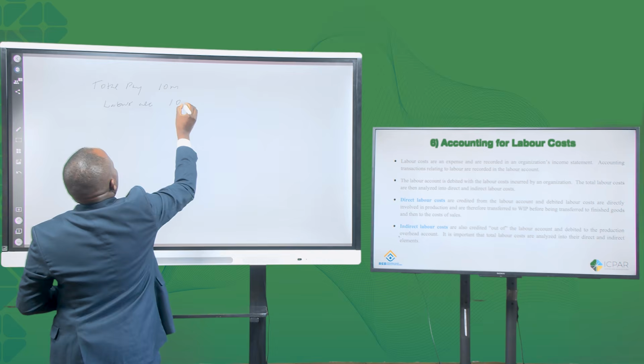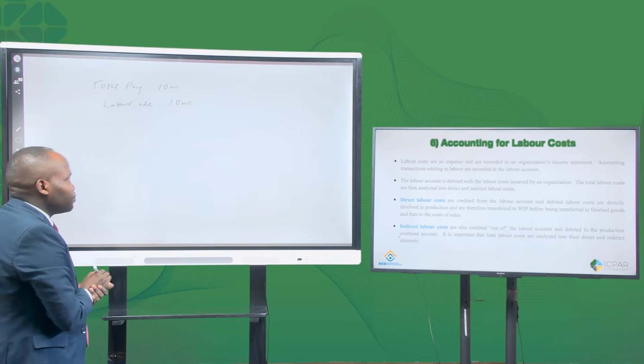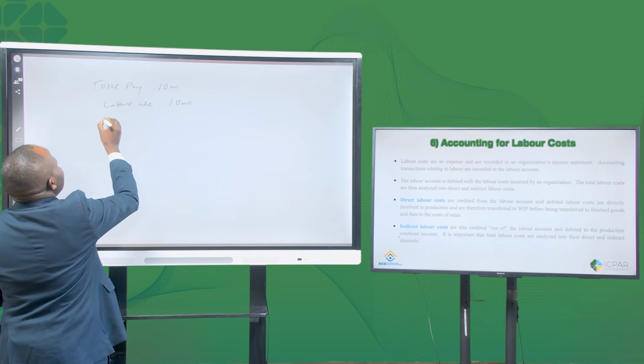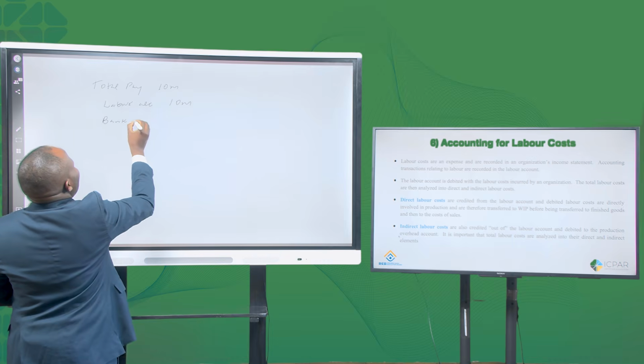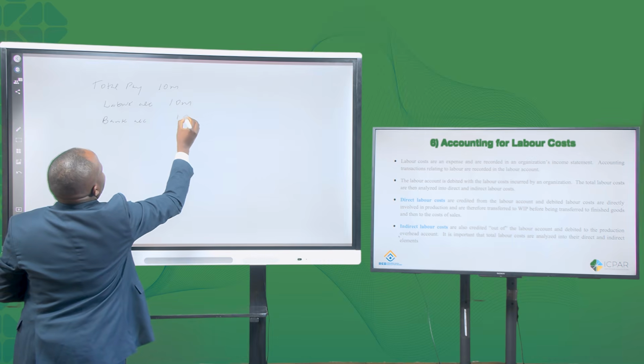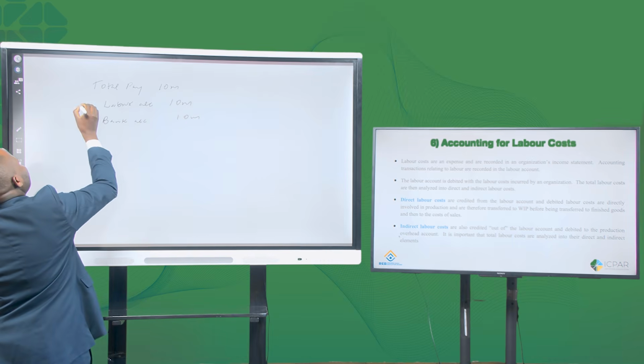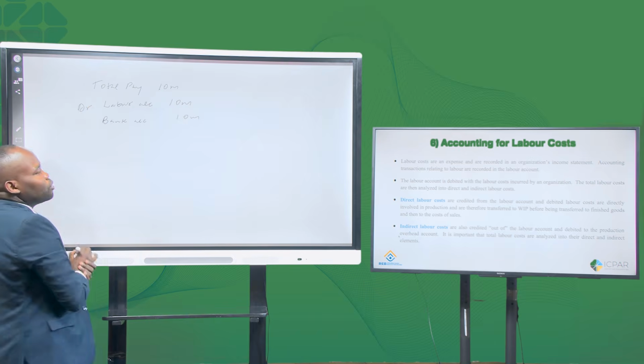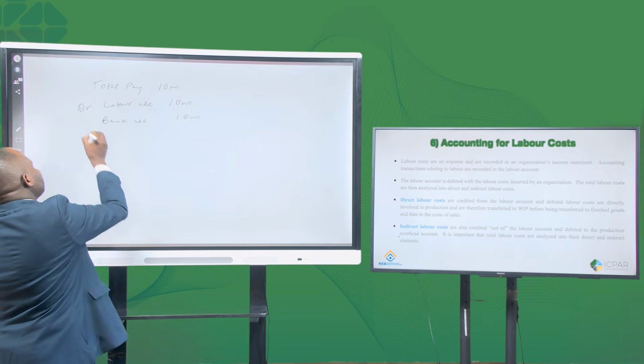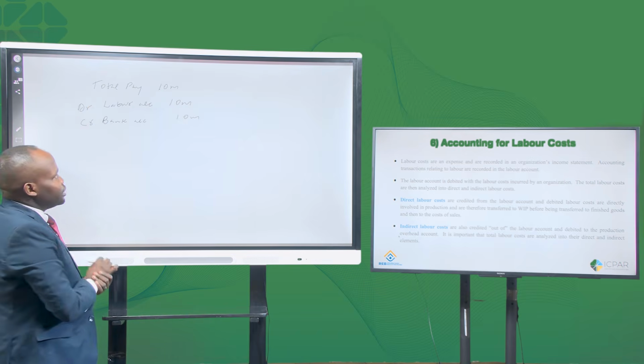So the labor account receives 10 million, and the money leaves the bank account. The account that receives, we debit. The account that issues, we credit.